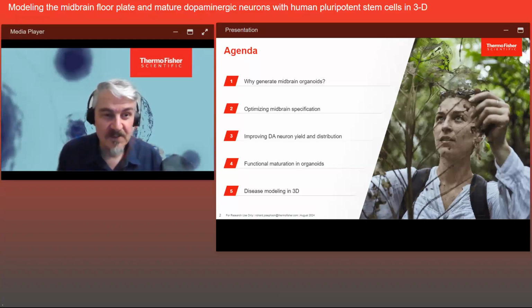Third, we also explored different methods of organoid formation in an attempt to make more regular structures with more abundant dopaminergic neurons. And fourth, we demonstrate that the dopaminergic neurons we're generating are reaching functional maturity more quickly in 3D culture than in 2D culture. And finally, I'll touch on our ongoing efforts to measure Parkinson's-like degeneration in organoids.